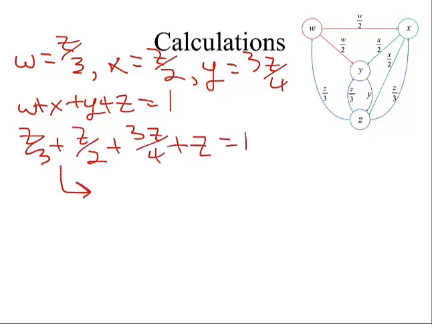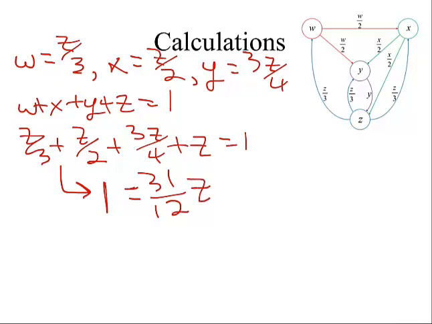And we can backtrack then and solve this for Z, because now we have one variable in this equation, and we end up getting that if we add all these fractions together, we get that 1 has to be equal to 31 over 12 times Z.